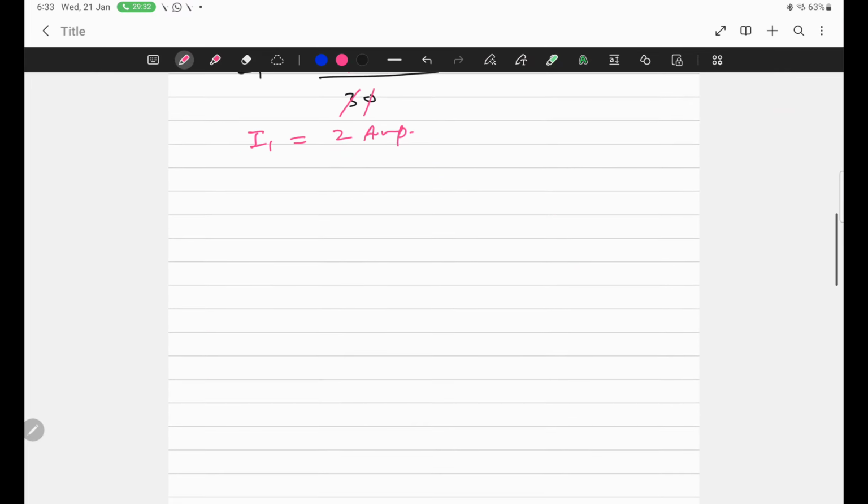But in parallel, how do we calculate total resistance? Sir, total resistance of a parallel circuit is 1 upon R1 plus 1 upon R2 plus 1 upon R3, etc.